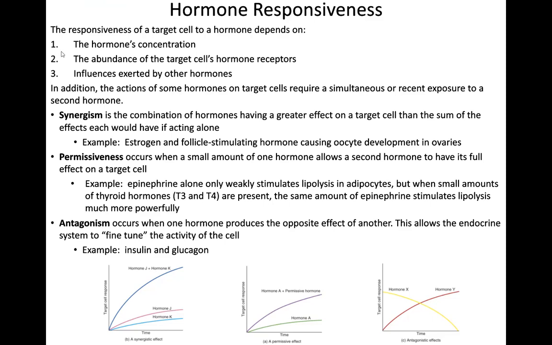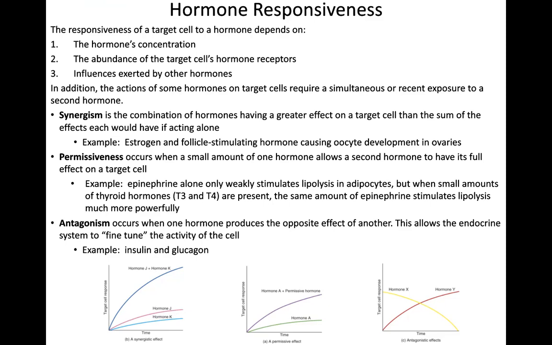Like in our illustration down at the bottom, we're measuring the hormone J, hormone K responsiveness. So we're measuring how much of a response. So this is responsiveness that's being measured. Okay, and then that's over a factor of time. So over time, if just hormone J or hormone K, we don't really care what those hormones are.